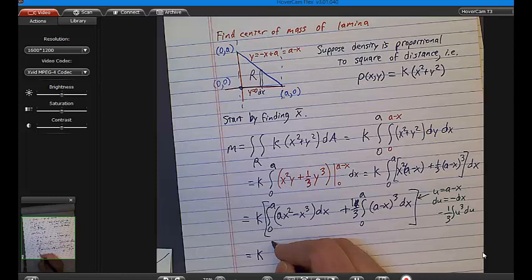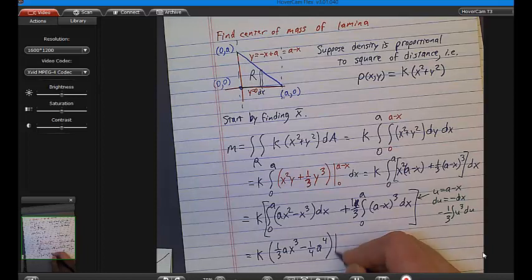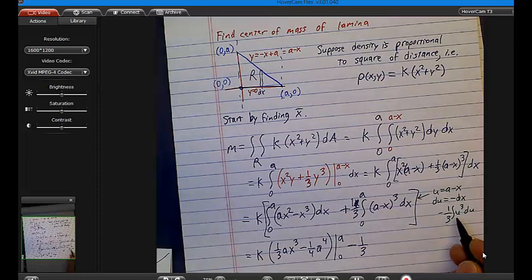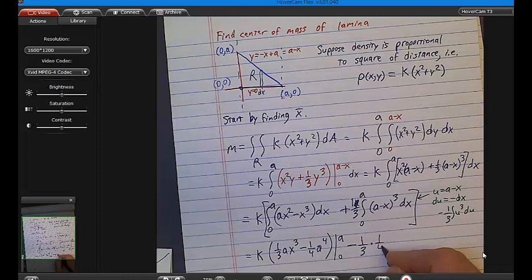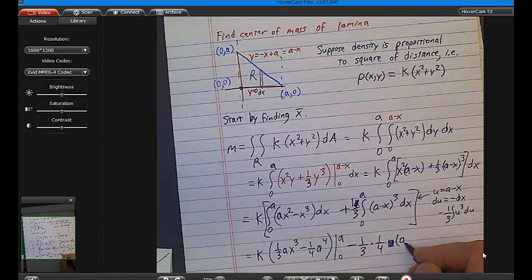So I'm seeing 1/3 ax cubed minus 1/4 a to the 4th, and that's from 0 to a. And then because there's a minus sign that came out, we get minus 1/3, and then times another 1/4 because it's u to the 4th, but the u was a minus x, so it'll be a minus x to the 4th.